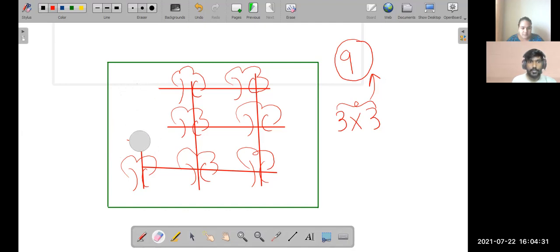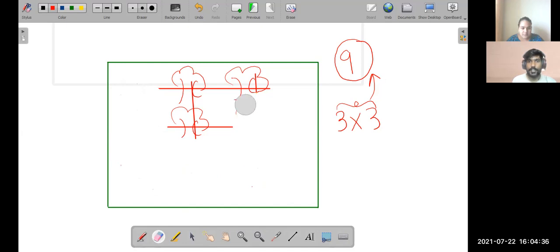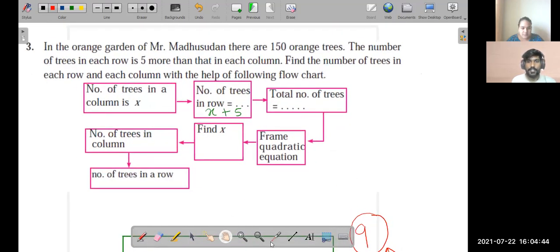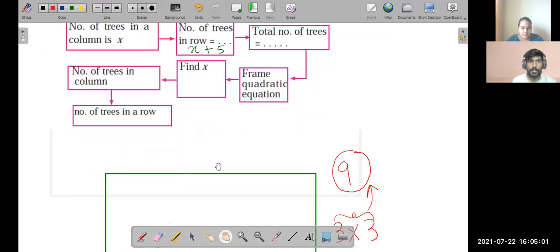In the original question, what they are saying is the condition that is given. If you see, it is said the number of trees in each row is 5 more than the number of trees in each column.